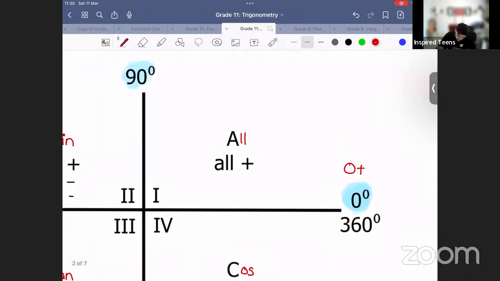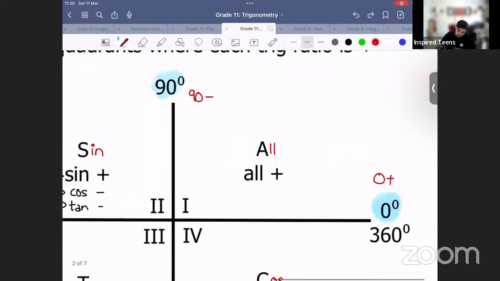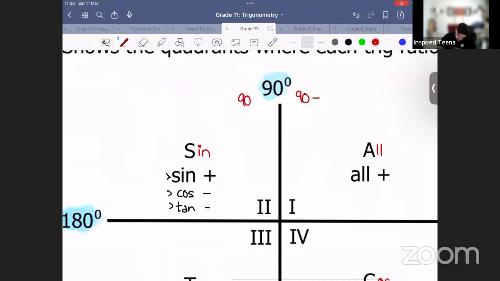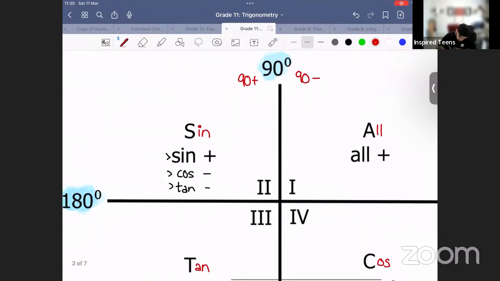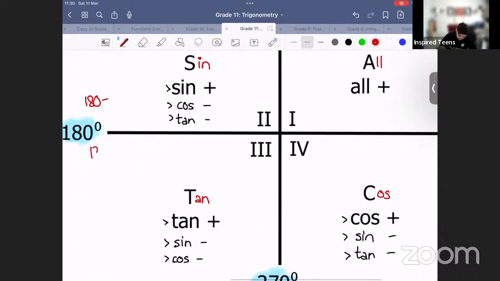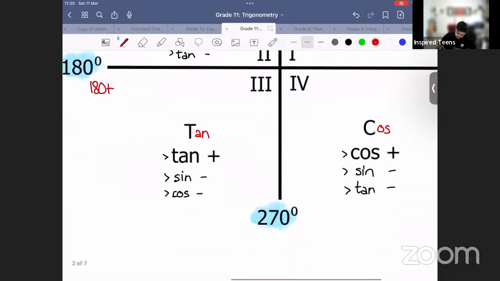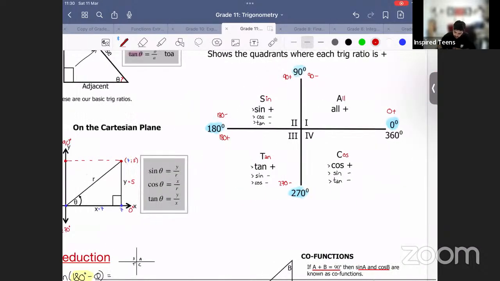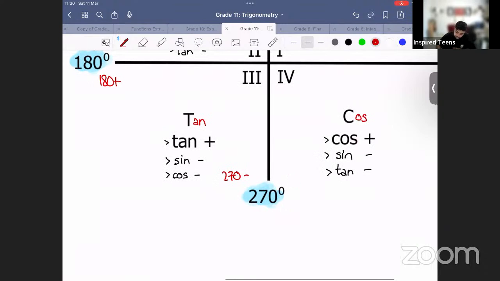Alternatively, we can go from 90 and say 90 minus, for anything below 90. Above 90, we can say 90 plus. Below 180, we can say 180 minus. After 180, we say 180 plus. Before 270, we say 270 minus. After 270, we say 270 plus.